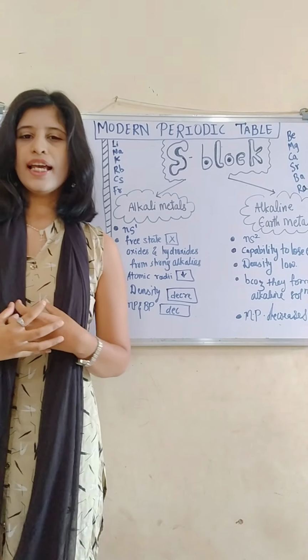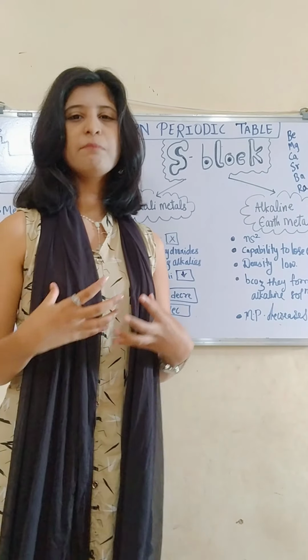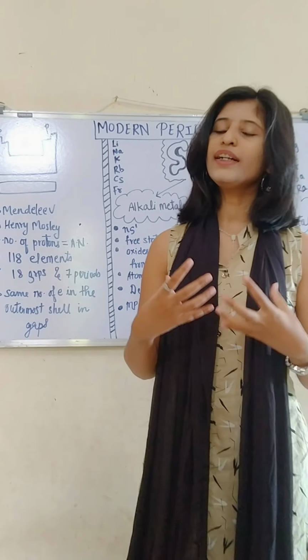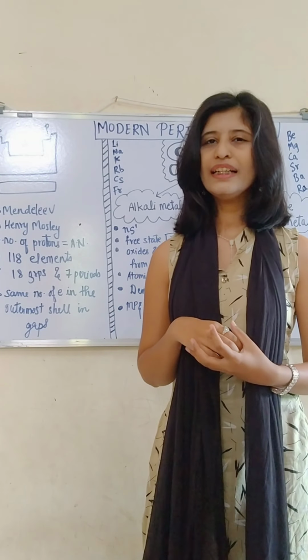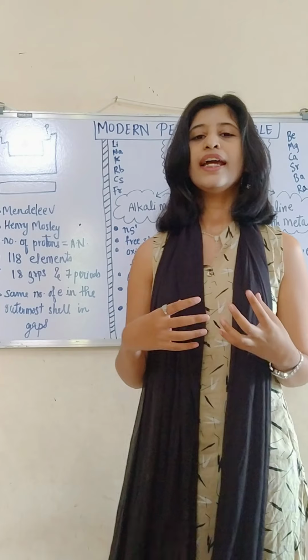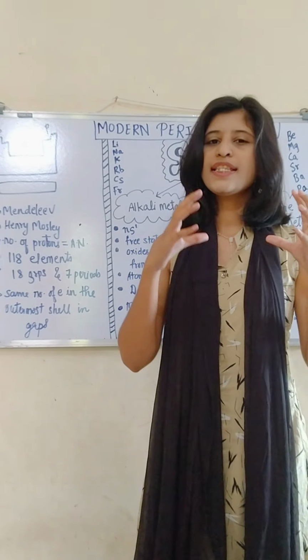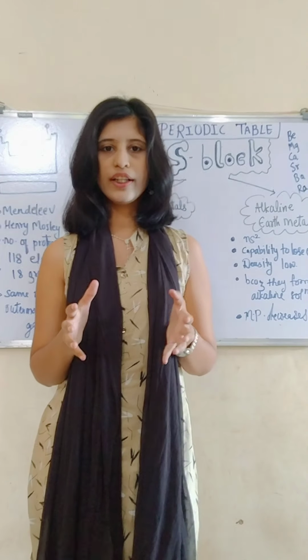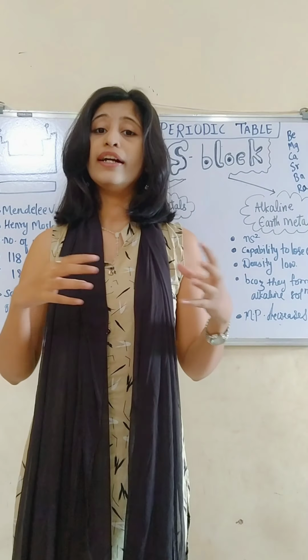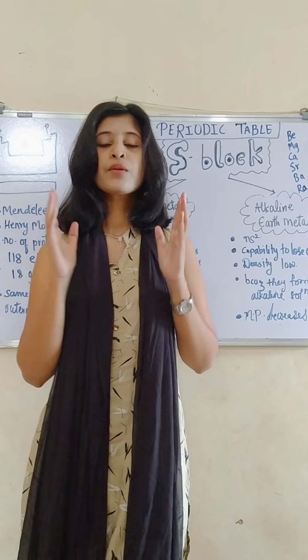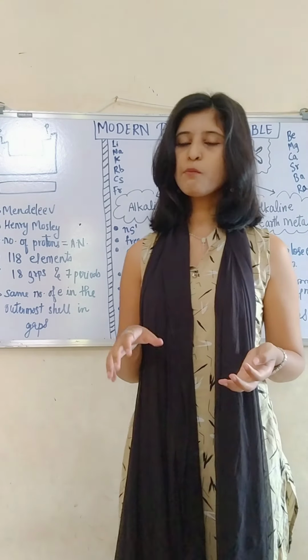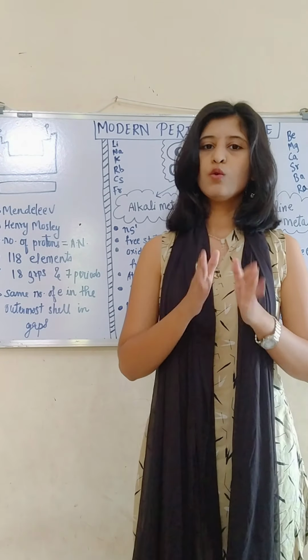Before anything else, Mendeleev came up with a periodic table, but as we all know, Mendeleev had some drawbacks in his periodic table. For example, he made this periodic table on the basis of the atomic mass of an element, and the elements having similar properties were placed into one group.